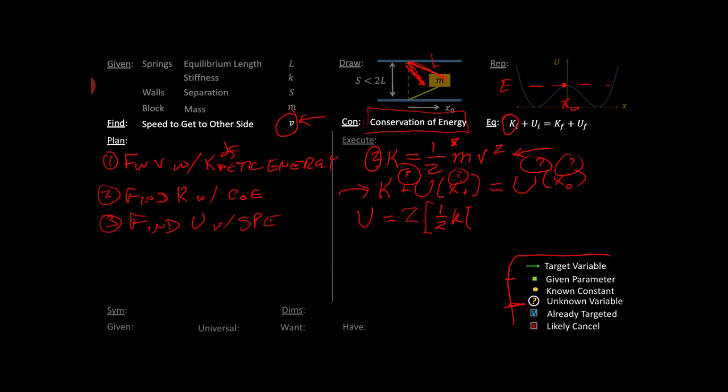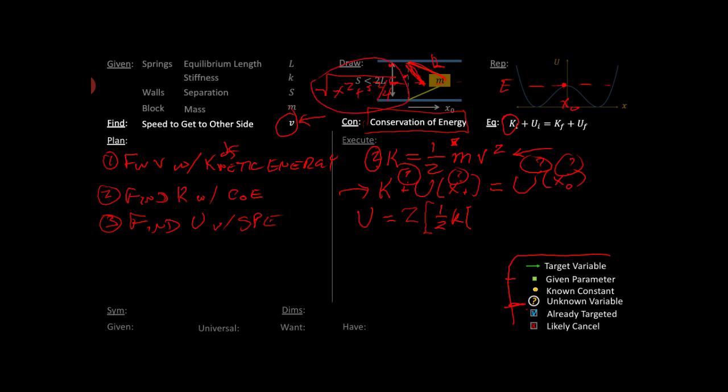The equilibrium length of the spring is L. The current length is however far off you are, x, squared, plus we've got a separation S, but from the wall to the rail it's S over 2, so S squared over 4. We're using the Pythagorean theorem.